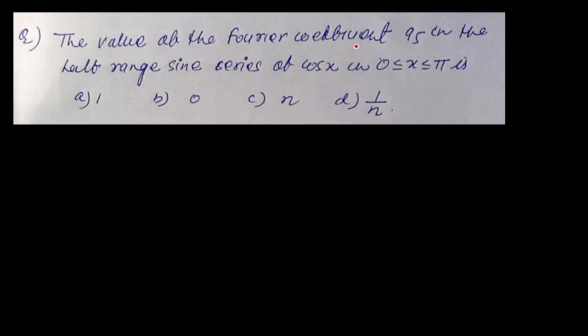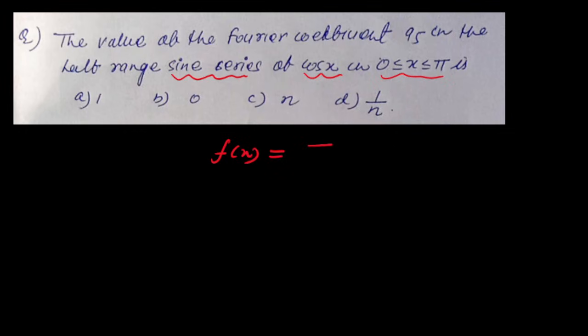The value of the Fourier, this is kind of a poor question but has been asked, so that is why I have put it here. The value of the Fourier coefficient a5 in the half range sine series of cos x in this interval. If you are writing the sine series, it means you will have only the Fourier coefficient bn. So all the Fourier coefficients an will not be present, because how do you write a sine series of a function?